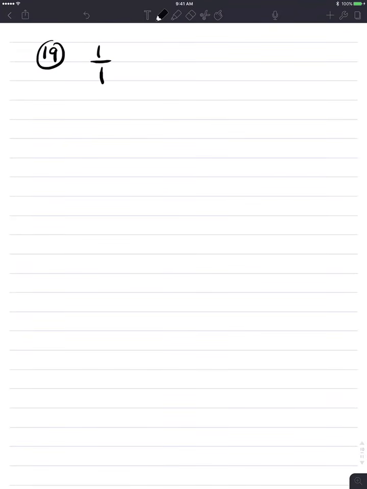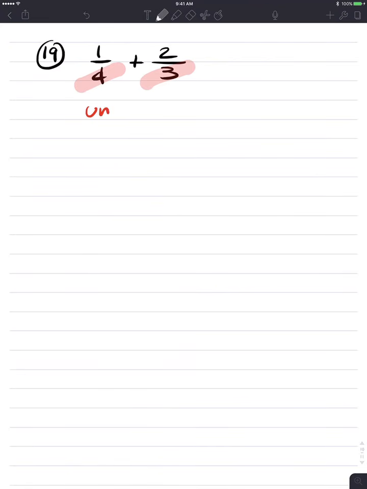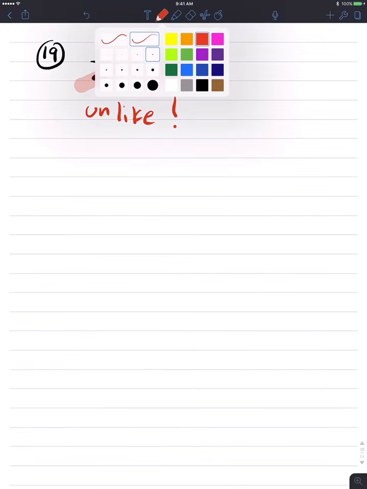Number 19, 1/4 plus 2/3. Notice the following. 4 and 3 are not the same. These are unlike fractions. We're going to need our setup.